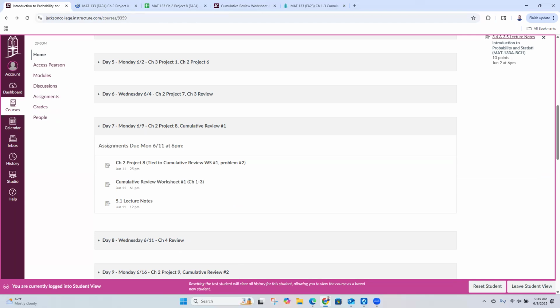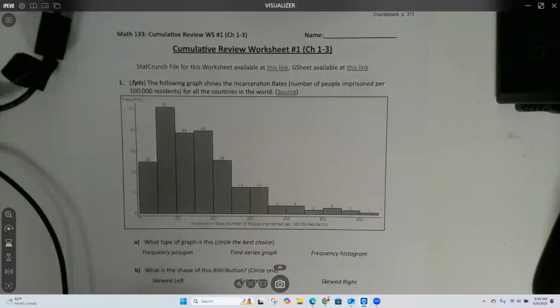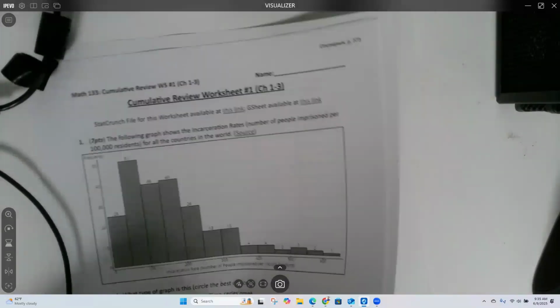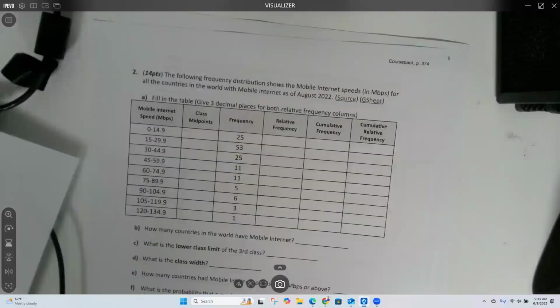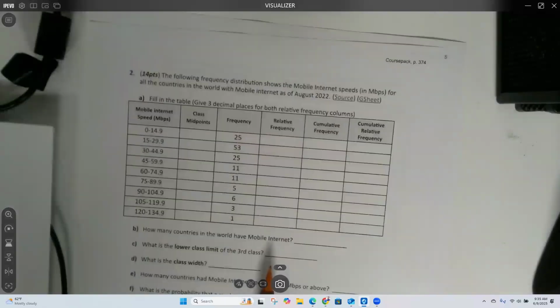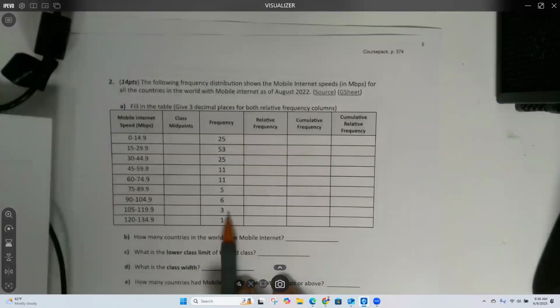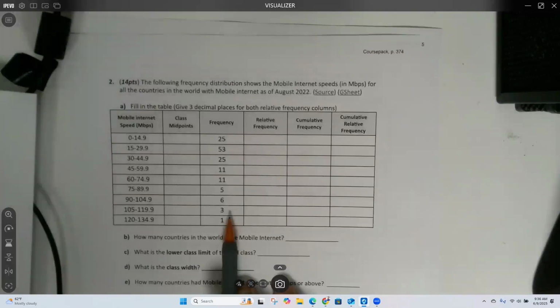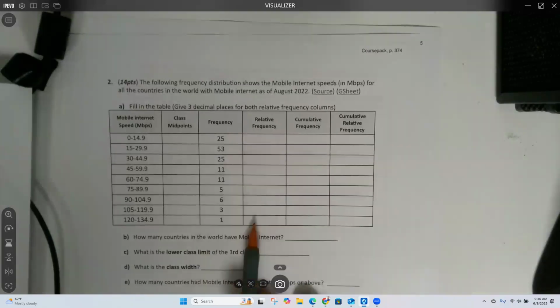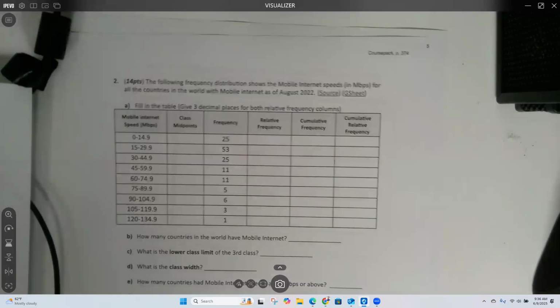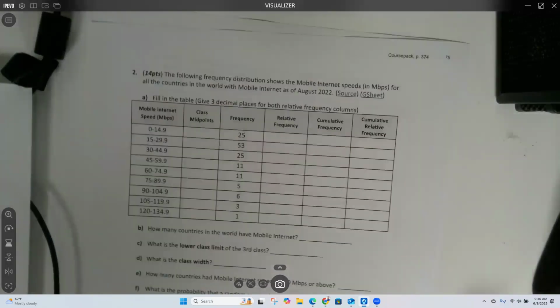The reason I want to start with it is because on the second page, we're actually going to use the data from the project. It's the same data that you'll find for Chapter 2, Project 8. So when we get to this, we'll pause, do Chapter 2, Project 8, and then we have some questions about that.